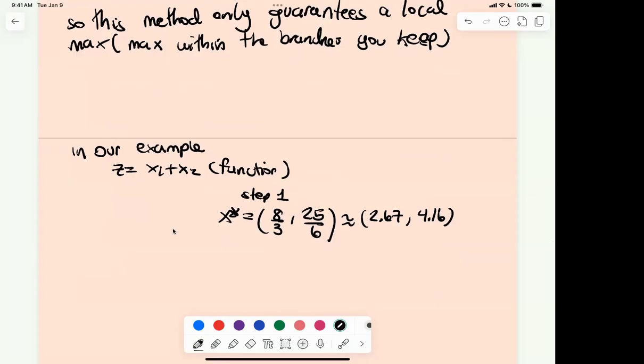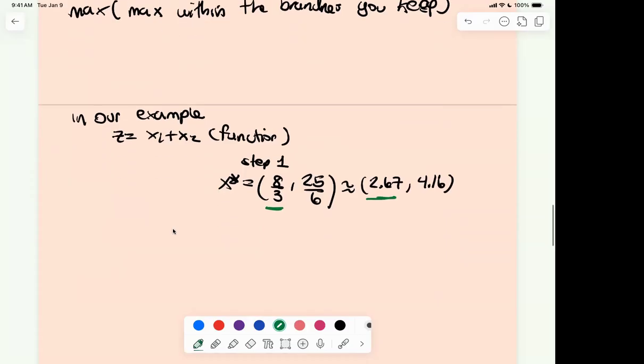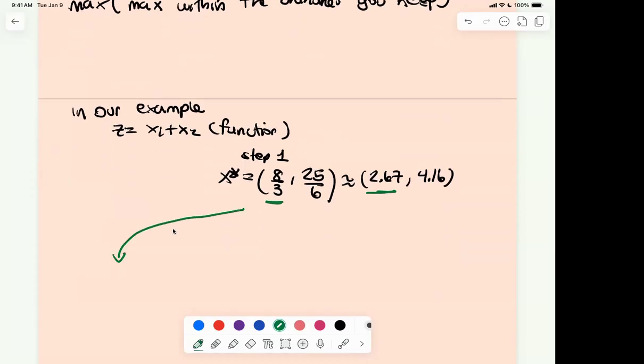Okay, and then what I did was to branch. I branched on this condition, right? Since it's 2.67, the branches that I do are one where x1 is less than 2, and the other branch where x1 is greater or equal to 3. Okay, that was the branching that happened.